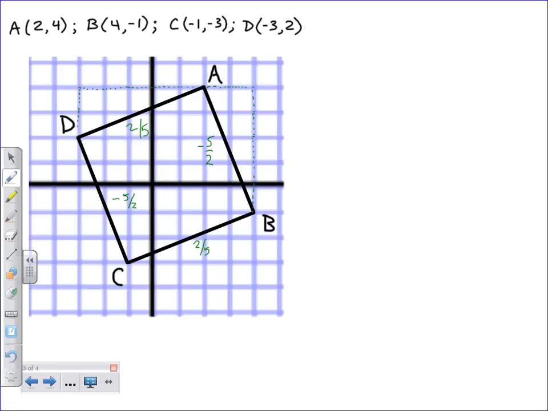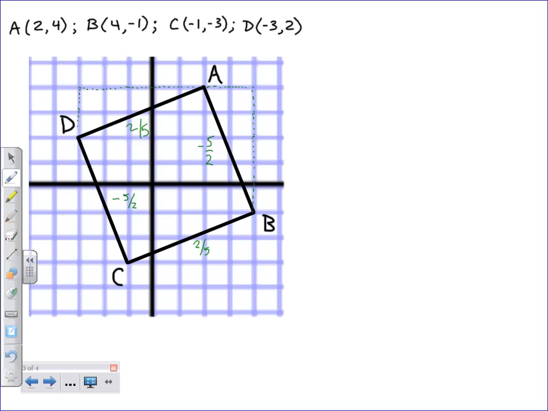From that right there, we know that we have a parallelogram because both pairs of opposite sides are parallel. We also know that the adjacent sides are perpendicular because the slopes are opposite reciprocals of each other, which means that we have perpendicular lines.